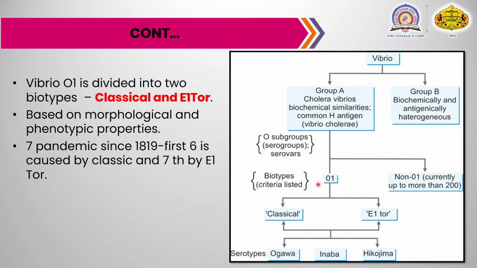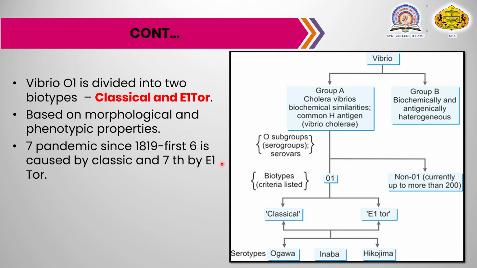O1 Vibrios, on the basis of their morphological and phenotypic properties, can be classified as classical and El Tor Vibrio, and they can be further classified into 3 serotypes: Ogawa, Inaba and Hikojima.